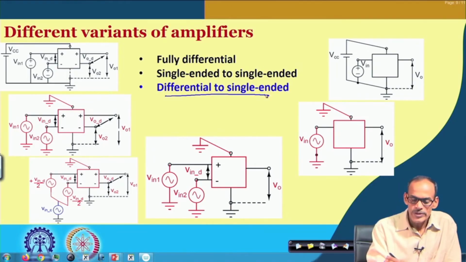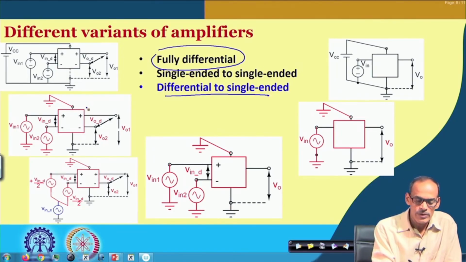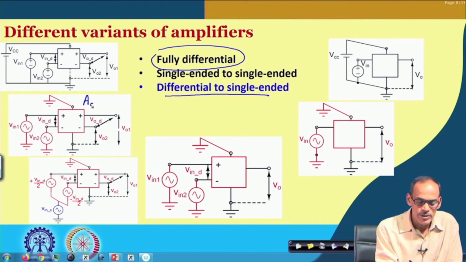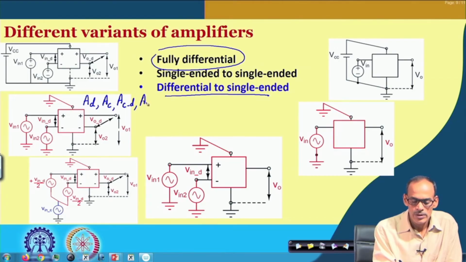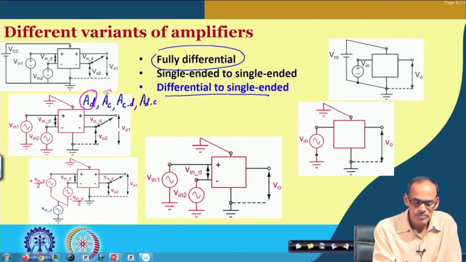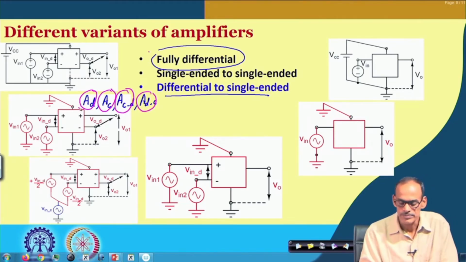If I consider the fully differential amplifier, as I said, there are 4 basic performance metrics, namely differential mode gain, common mode gain, common mode to differential gain, and differential to common mode gain. So, these are the 4 basic performance parameters for the fully differential amplifier.